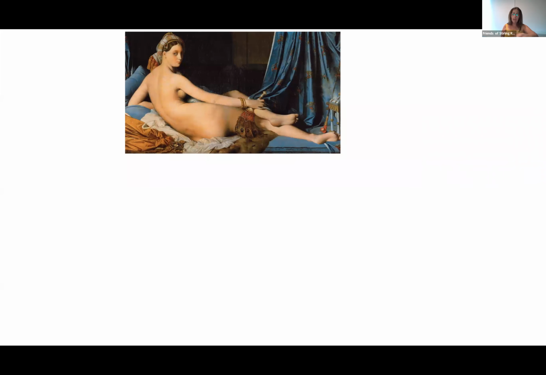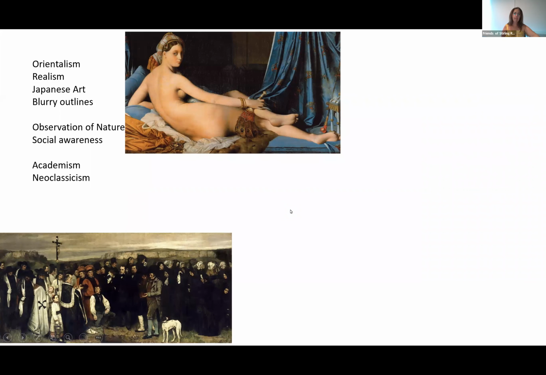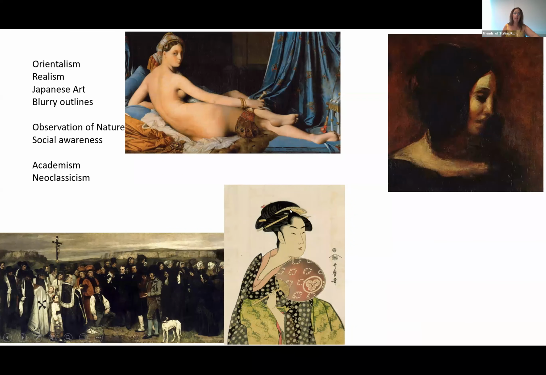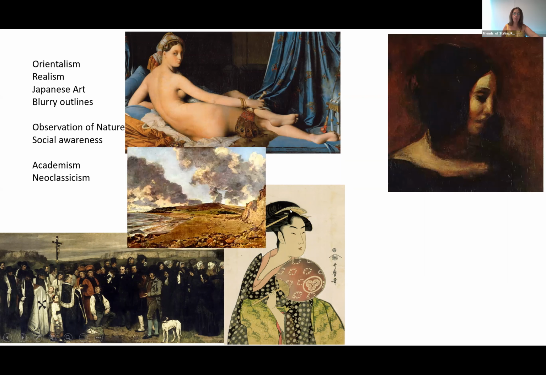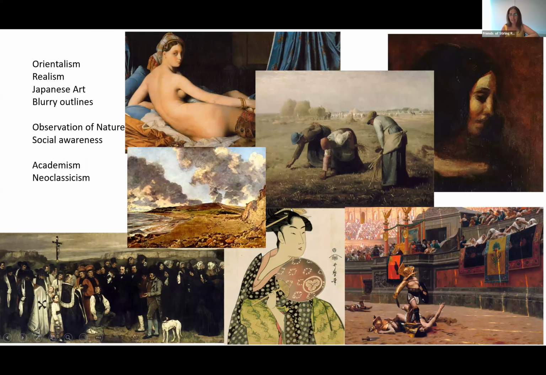So we can summarize those characteristics of the precursors. So Orientalism, Realism, Japanese art, the blurry lines of Delacroix, observation of nature, the social awareness, and also academic style or neoclassicism. That is what we have during that time.